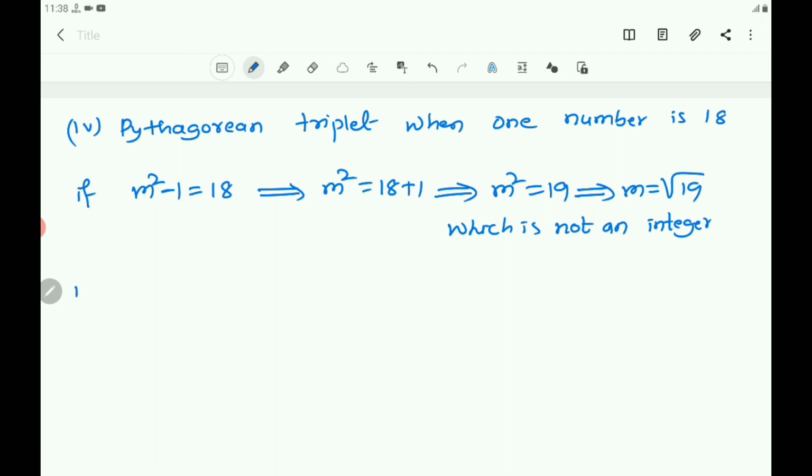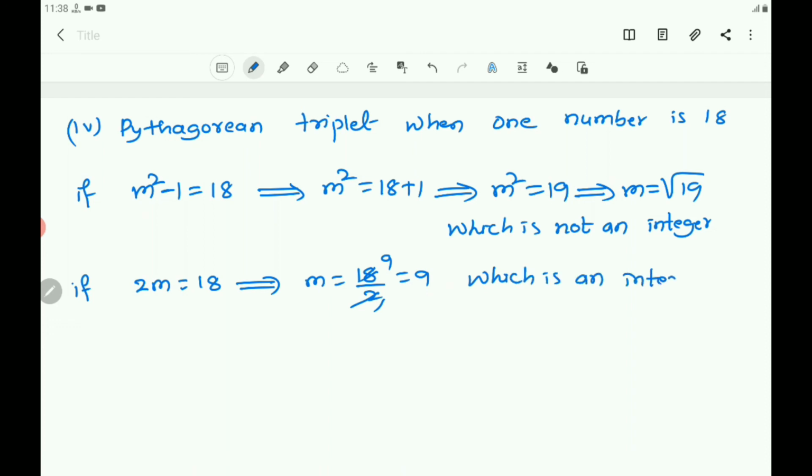Next you take, if 2m equals 18, that implies m is equal to 18 by 2. So 2 ones are 2, 2 nines are 18, you got m equals 9. It is okay because it is an integer. Now you find one by one.